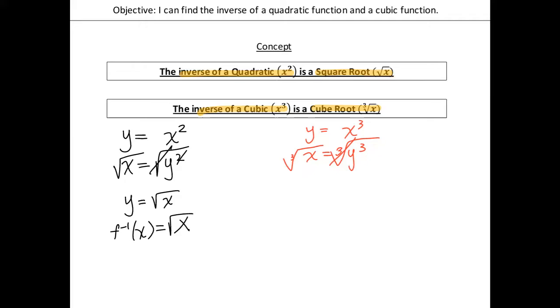So then the cube root cancels out the cube, and we would be left with y equals cube root of x, and then switch it back to inverse notation. So if I start with the x cubed, a cubic, I should end up with a cube root. Okay? So the inverse of a quadratic, x squared, will give you a square root. The inverse of a cube would be a cube root.